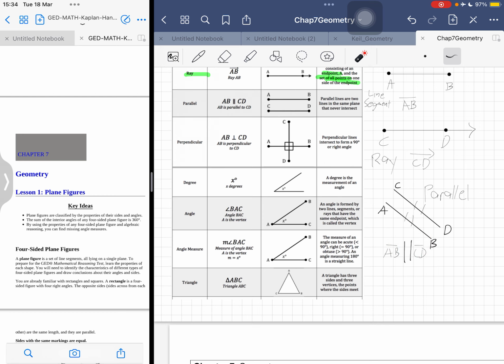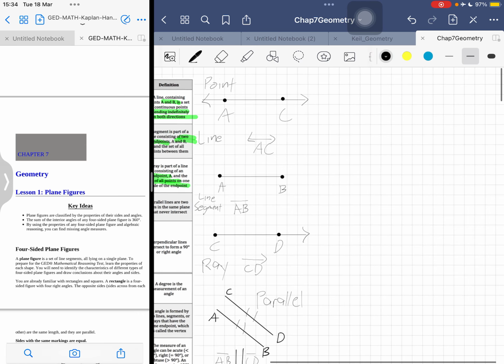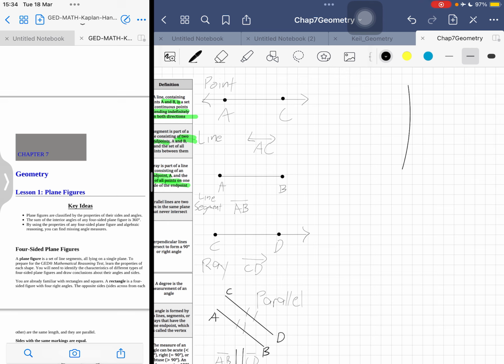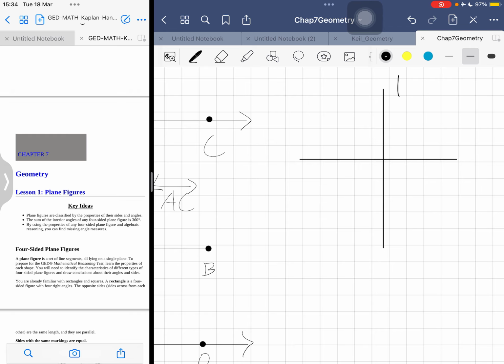The next is perpendicular lines. So let's have two lines, a straight line and then another straight line. Let's say this point is point H, and then I, then the horizontal line has point J and then point K. You see they intersect with each other, and they form a right angle.